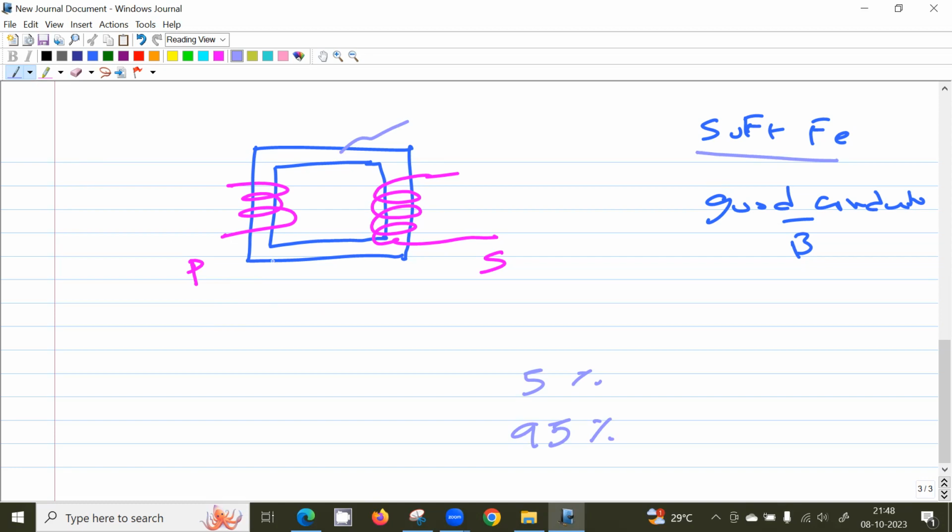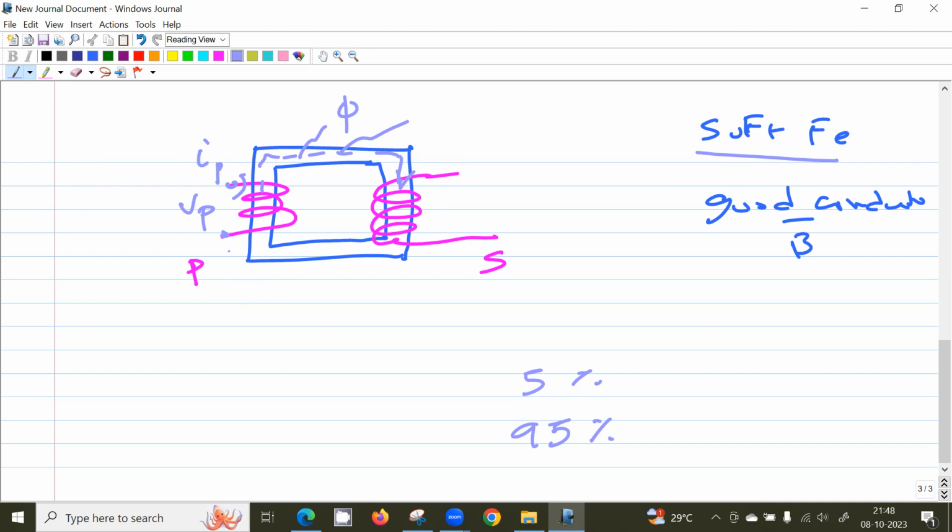Now if I put a voltage of, say, VP here, and there is some current IP, there will be a magnetic field here, and let this magnetic field have a flux phi, which is the same flux linking both primary and secondary.